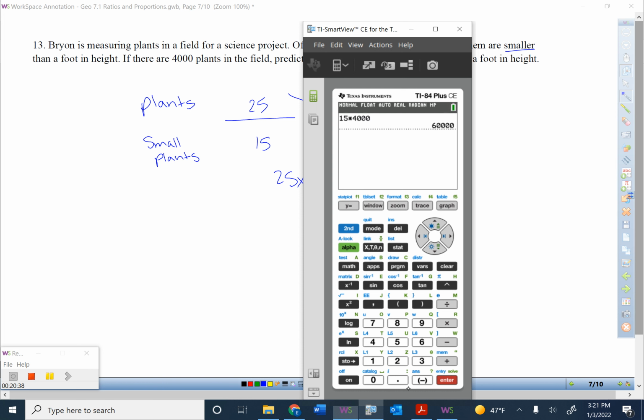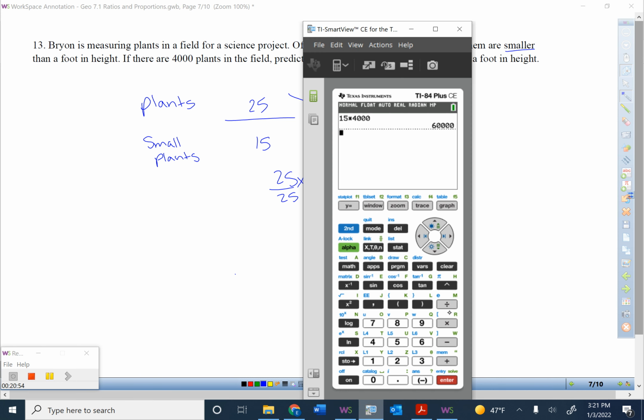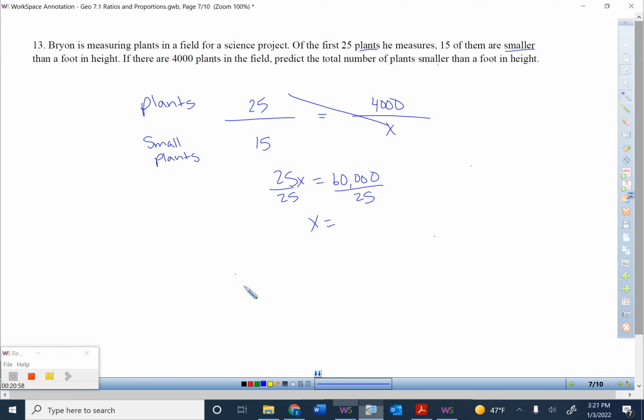Gives us 60,000. Then we're dividing that 25 over to finish up. So it looks like 2,400 of them should be small plants.